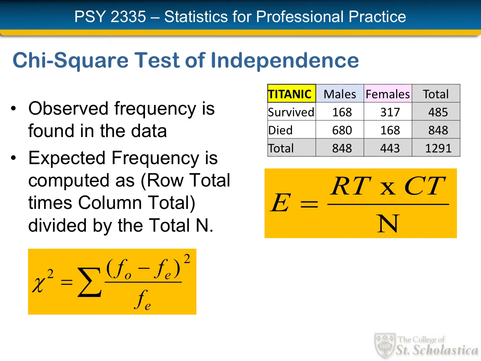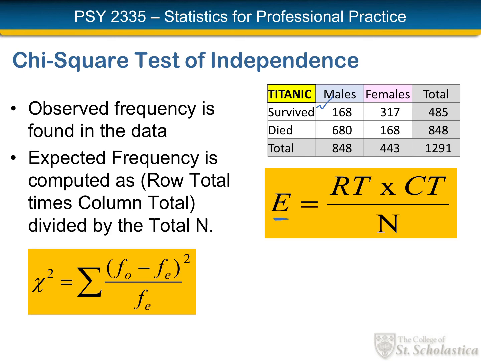So here we have our same Titanic data set, but we're going to go about computing one of the expected values. When we get into Excel, we'll do a whole bunch and do the whole test all the way through. Here I want to just show you how that expected value gets computed. The equation taken straight from the textbook says that our expected value for a particular cell, in this situation I'm going to look at how many men would I expect to survive had men and women survived at the same rate.